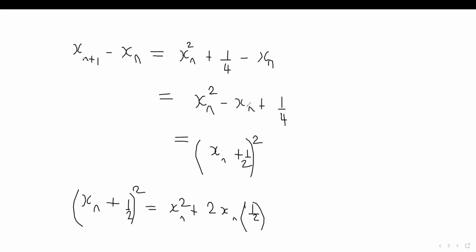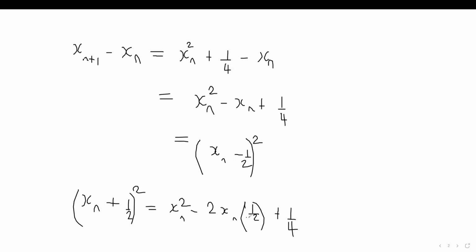Wait, this seems to be a minus. So change this to a minus here. Yeah, this is right now, because then this will be minus. And then we have plus a half squared, and that gives you the quarter. So it makes sense, doesn't it?